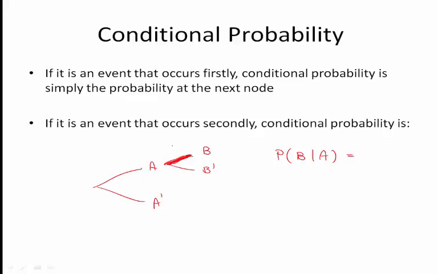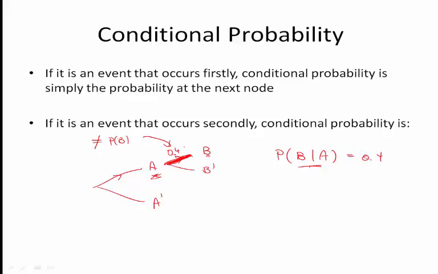So if this number is 0.4, then this conditional probability is simply 0.4. This goes back to our understanding that B is dependent on A having occurred already, and hence this is not the probability of B. Take note, it is in fact the probability of B given that A has occurred already as we go along this path.